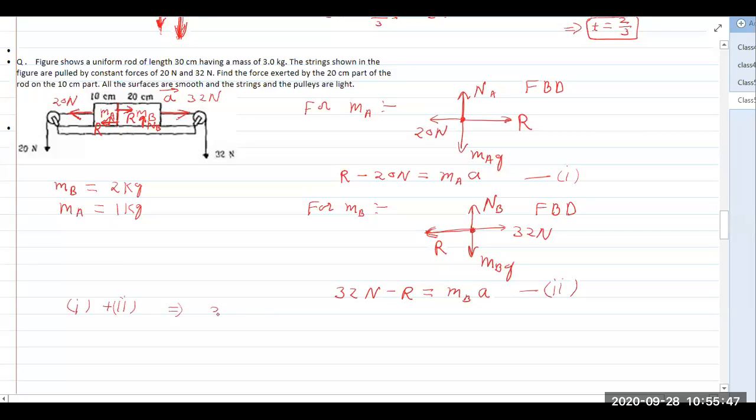So we have 32 Newton minus 20 Newton equals (MA plus MB) A. So A is 12 Newton divided by MA plus MB.